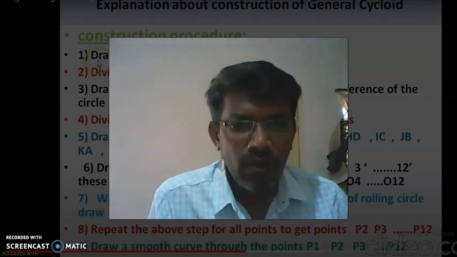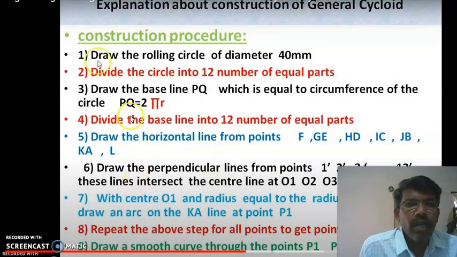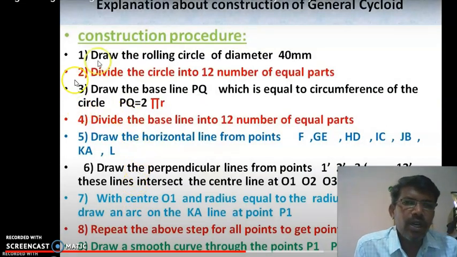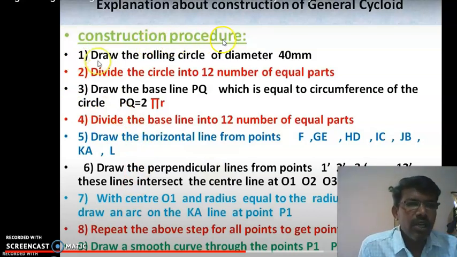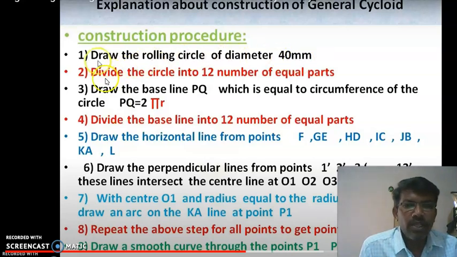So let us see what is happening in that. Now this is the construction procedure. First, draw the rolling circle of diameter 40 mm. Let us take an example of 40 mm. Then divide the circle into 12 equal parts.